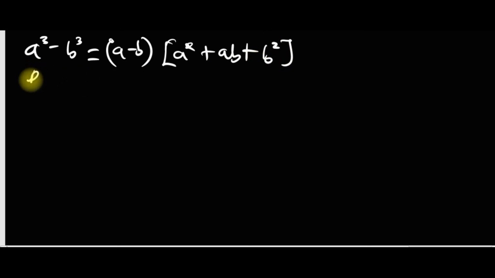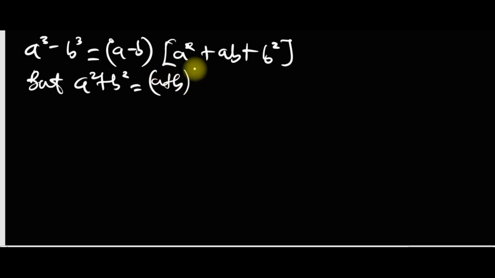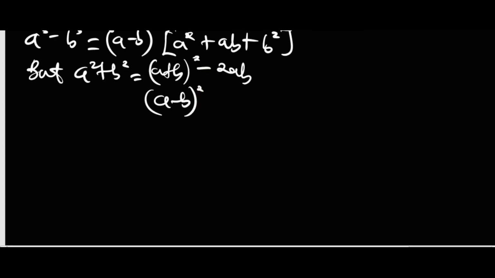Again, from the addition of 2 squares, a squared plus b squared, we know that is a plus b all squared minus 2ab, or a minus b all squared plus 2ab.